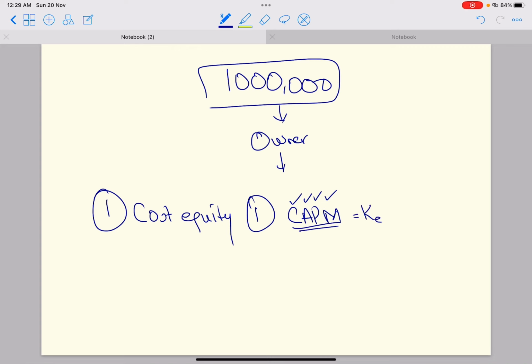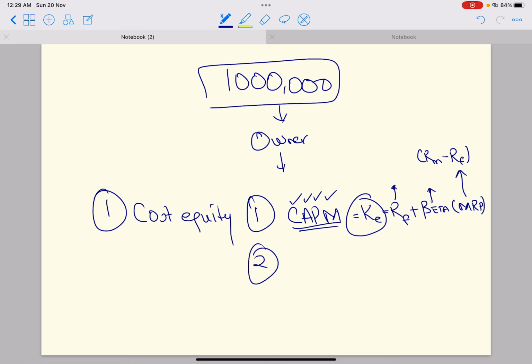The formula is cost of equity is equal to risk-free rate plus beta multiplied by market risk premium. So beta represents systematic risk, RF represents risk-free rate, market risk premium represents return of the market minus risk-free rate. All of these help us find out cost of equity.